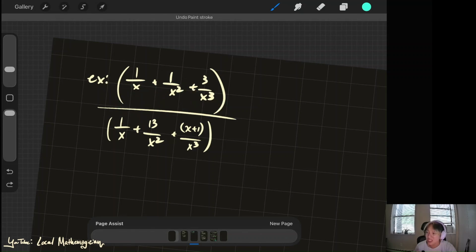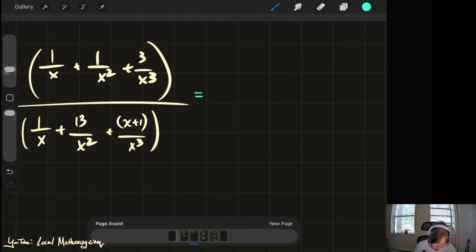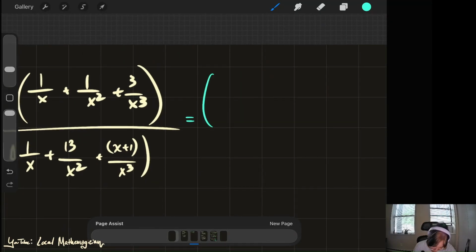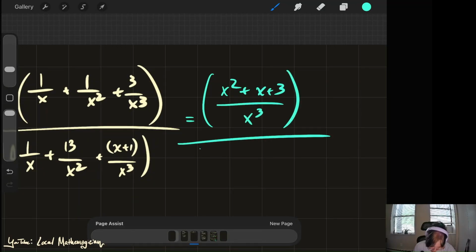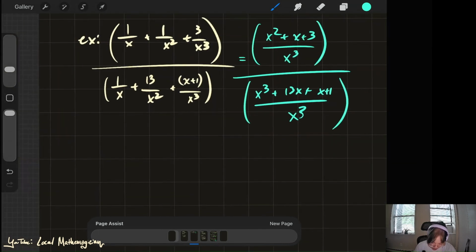We could just turn everything to x cubed and call it a day. So, turn everything to x cubed. This gets an x squared, this gets an x to the first, this gets nothing. Okay? So our numerator now becomes x squared plus x plus 3 all over x cubed. Our denominator becomes, well, same idea, x squared plus 13x plus, this gets nothing, x plus 1 all over x cubed, right?